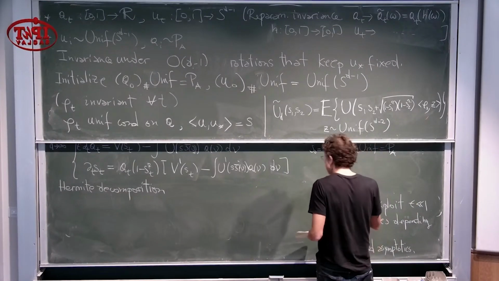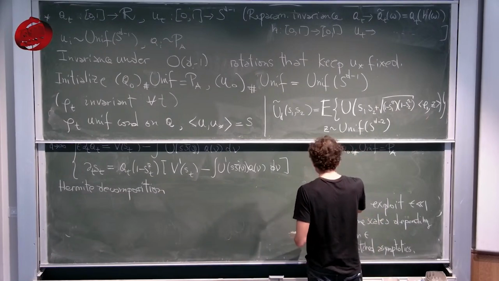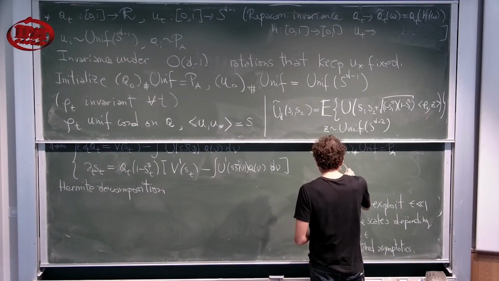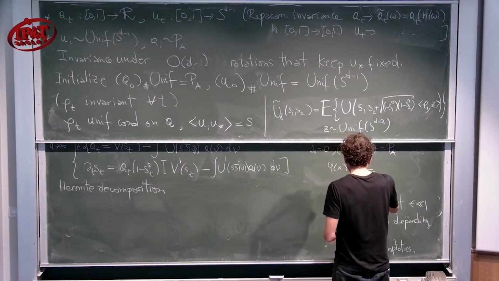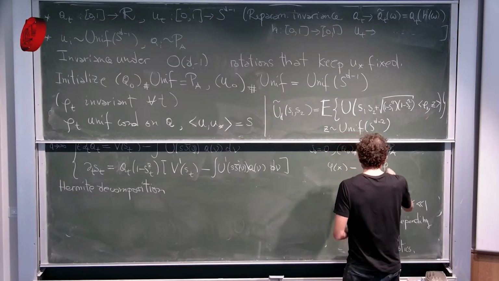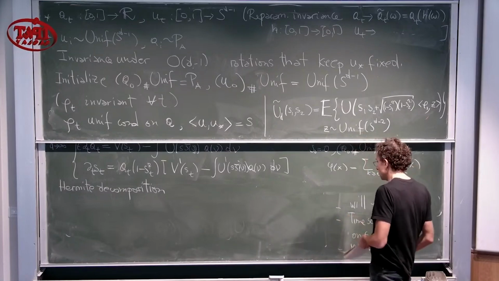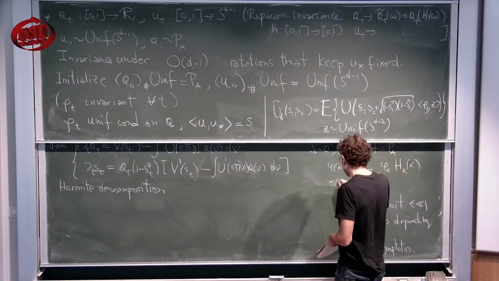So what is the Hermite decomposition? We will decompose our target function, phi of x, as sum over k of phi_k times Hermite_k of x, where this is the orthonormal basis, and the same for sigma of x.